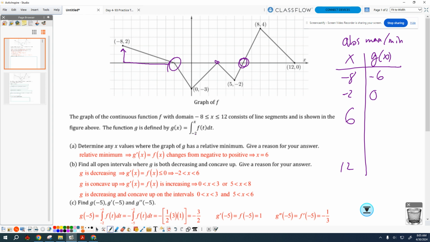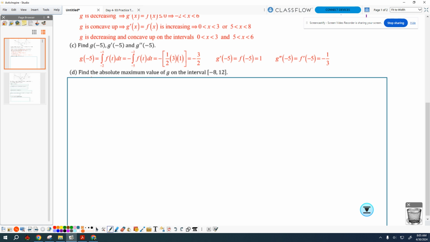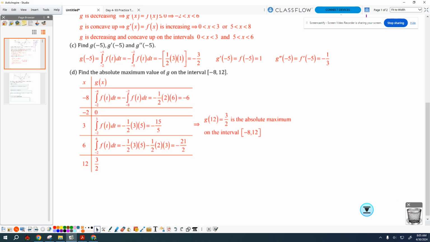So the area of those two triangles, negative. And then the big triangle. So the safe way to do it is a table and checking all the stuff. The way they wrote this is confusing. From all that data, the maximum is 1.